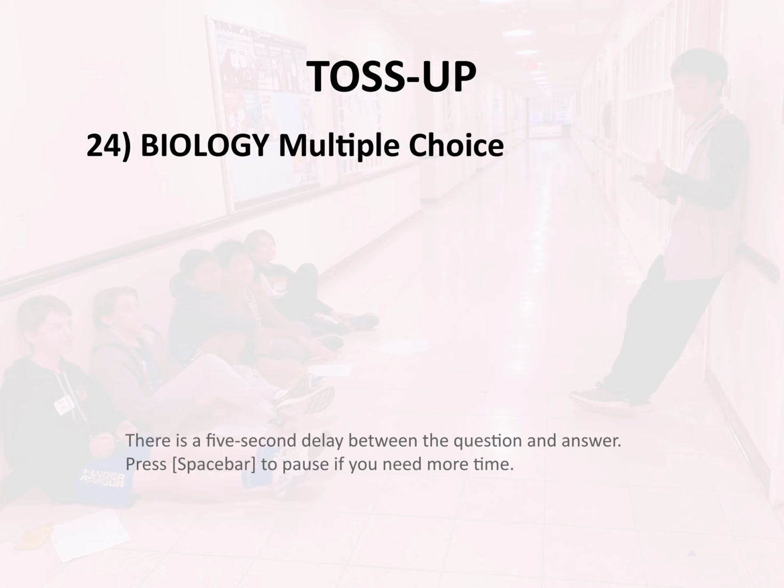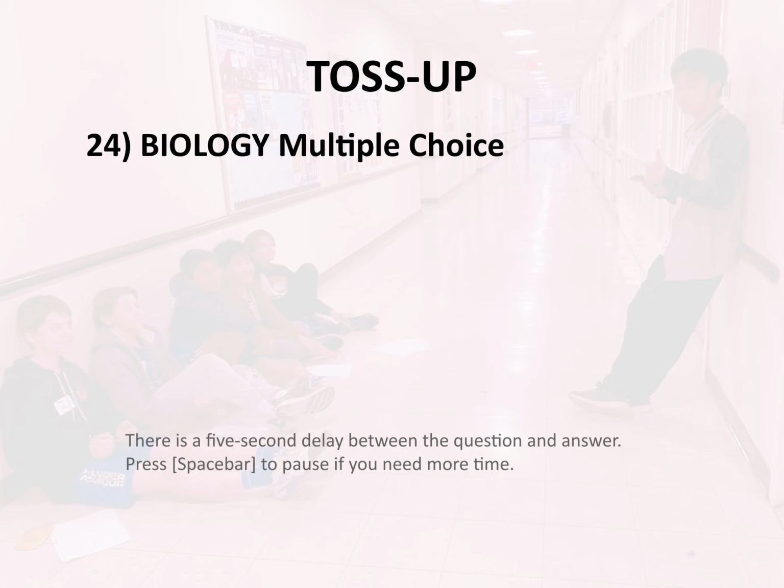Toss-up 24. Biology. Multiple choice. In a gel electrophoresis experiment, in which of the following directions will a DNA sample move, and why? W. Toward the negative electrode because DNA has a positive charge. X. Toward the negative electrode because DNA has a negative charge.